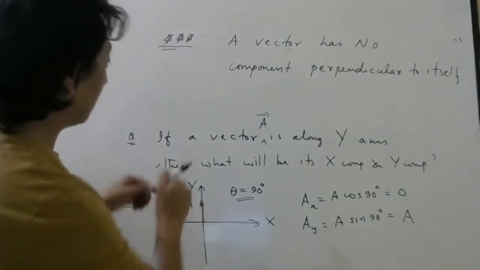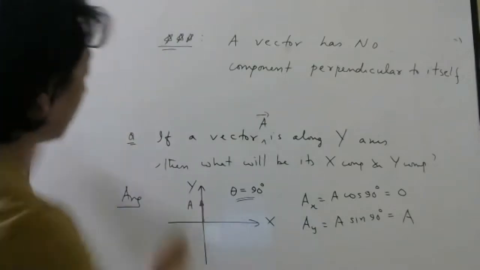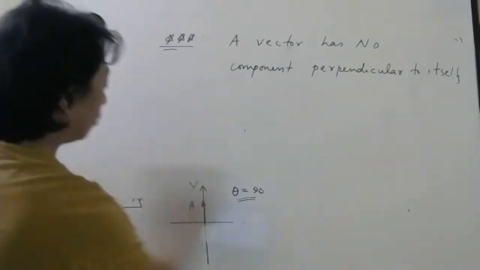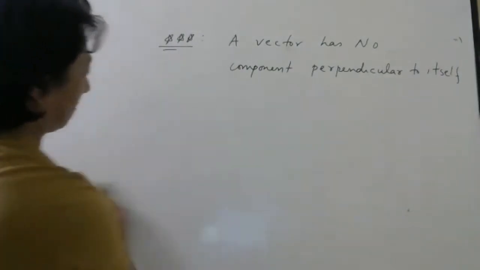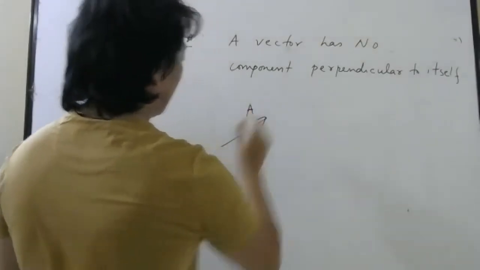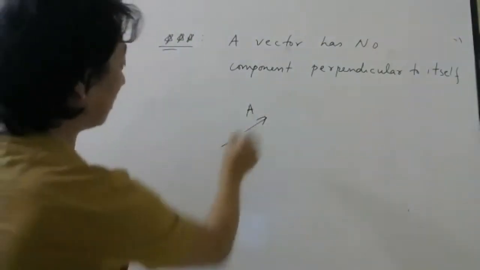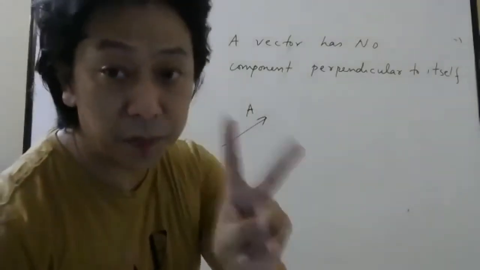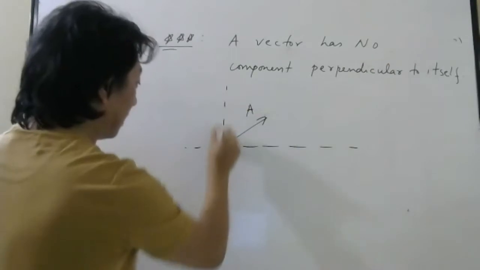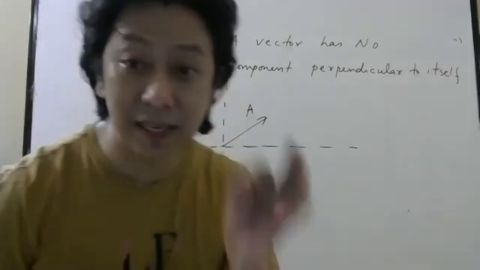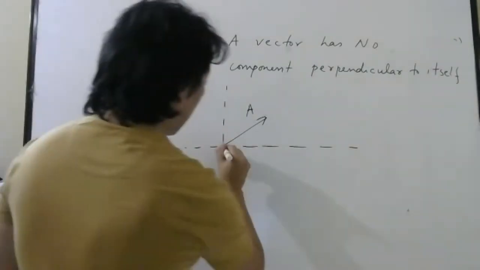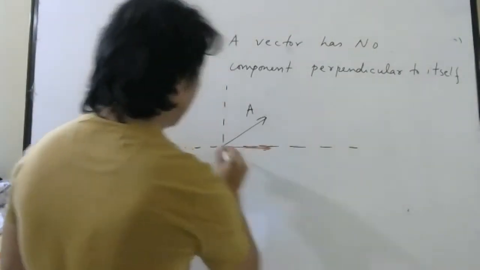Kirtana, see here. First you have to understand what we mean by components. When you have a vector like this, A bar, you can divide this into two perpendicular components. If you take one here, the other should be taken here. We call them rectangular components. This is one component and this is the other component.